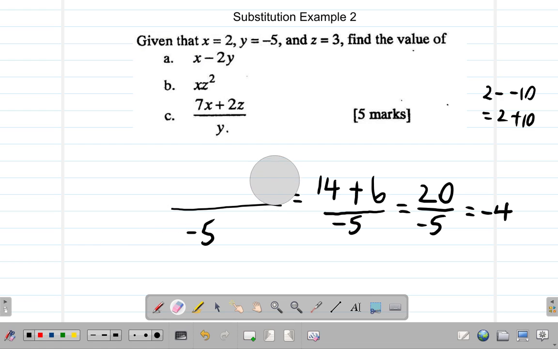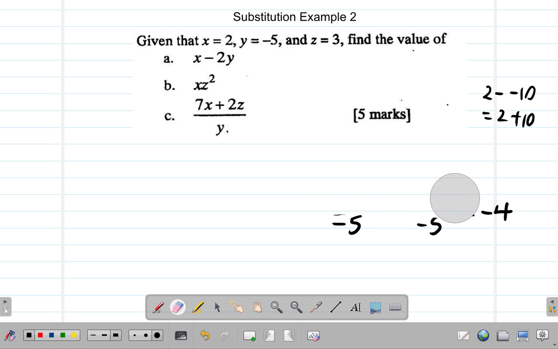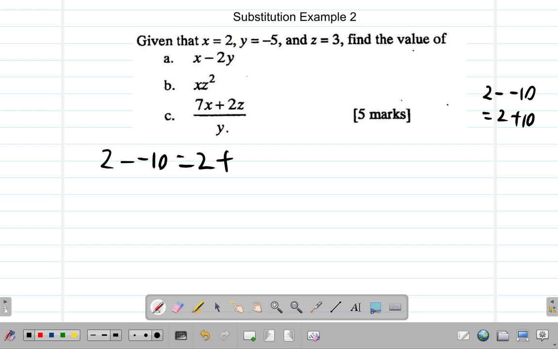Remember, we said we're going to discuss a little about 2 minus negative 10 being the same as 2 plus 10. Now we covered it in an earlier video in explanations, but let us see what this means. 2 minus negative 10.